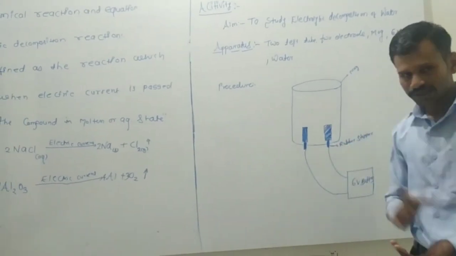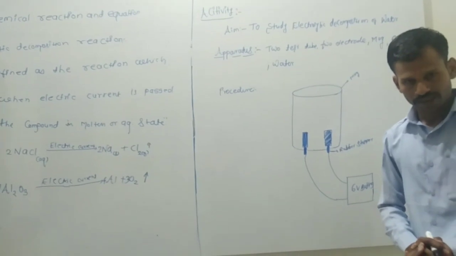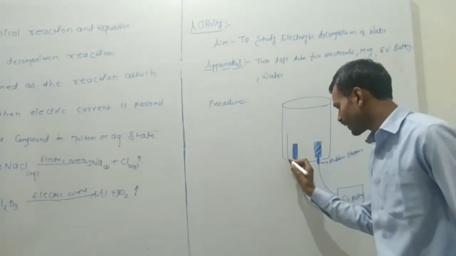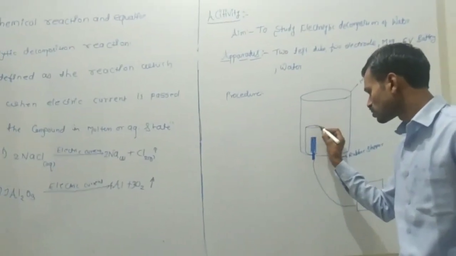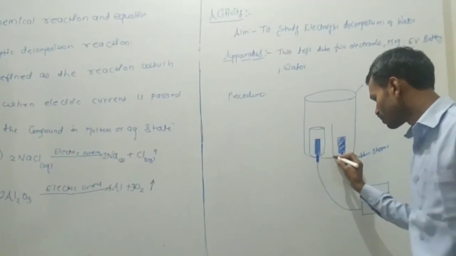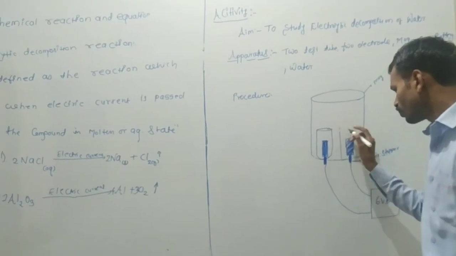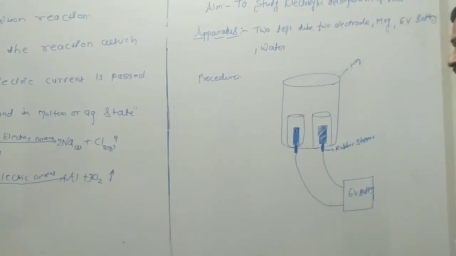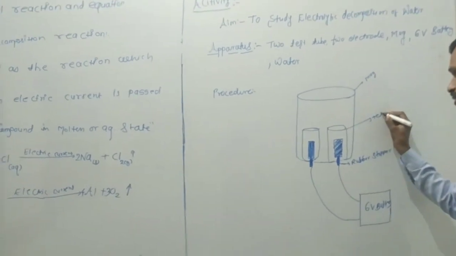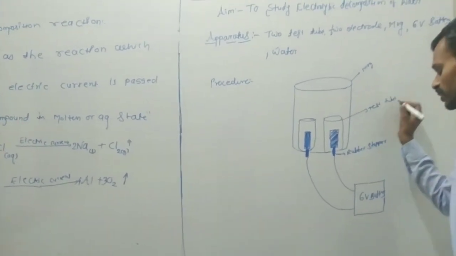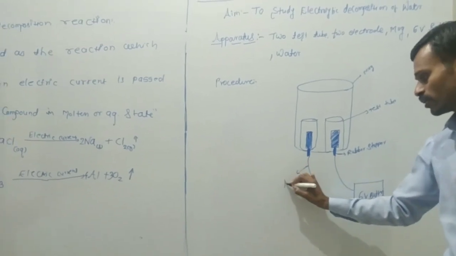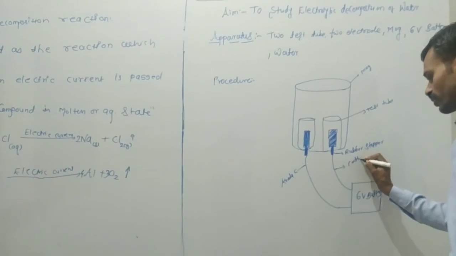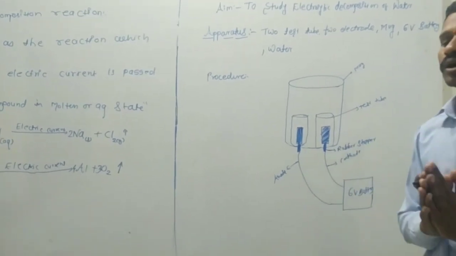Both test tubes are filled with water, and both test tubes are connected to these electrodes. These are the test tubes. One electrode is the anode, and the second electrode is the cathode. These are the two electrodes.